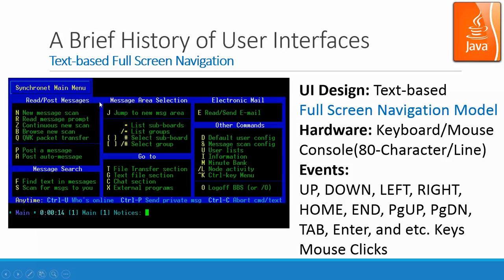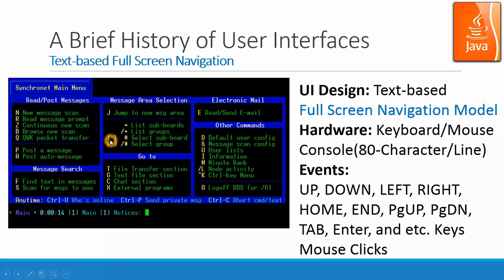But actually, each of the blocks consists of one letter. Sometimes it's just space, or sometimes it's a slash, or some bracket, or some brace. And most of the information shown are just characters. So the user interface is a text-based full-screen navigation model.